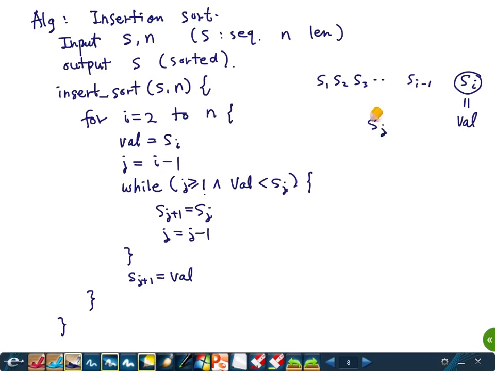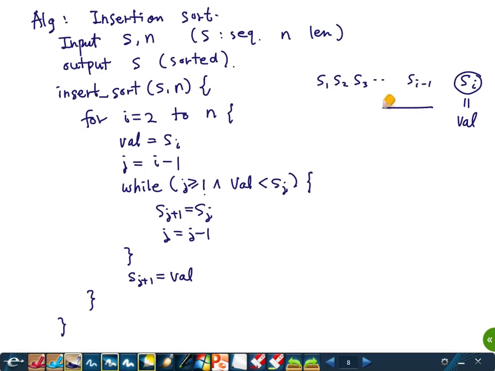We have to compare val with the next number, right? The next number meaning the number to the left of this. So then what happens? So suppose, okay. Maybe it's helpful if you think of this as, like, okay.